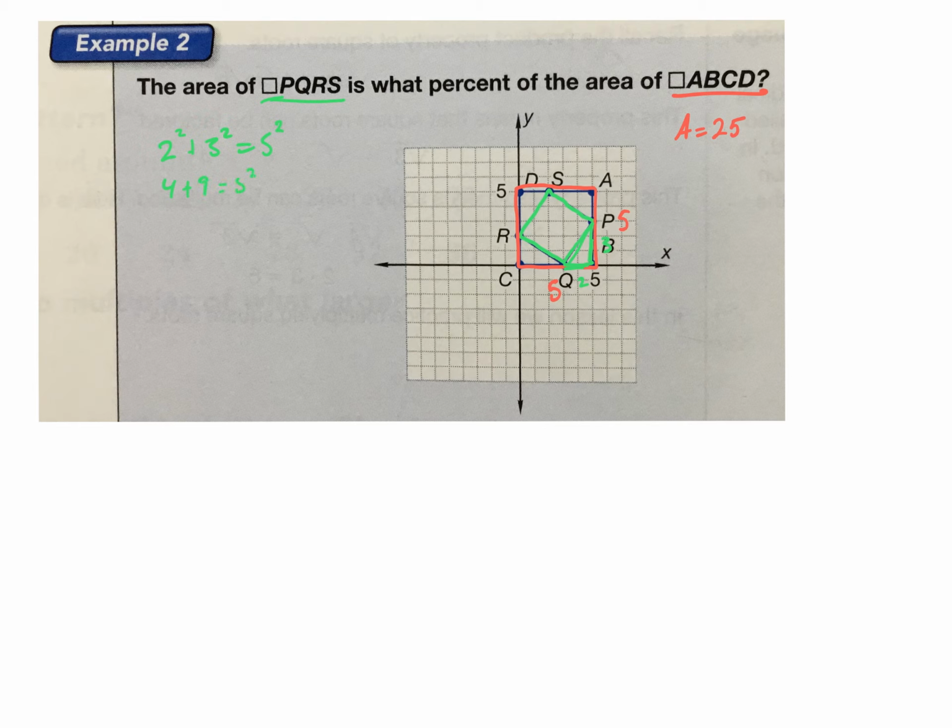So 4 plus 9 is 13, is equal to S squared, so the side length is going to equal the square root of 13, which means the area is going to be the square root of 13 times the square root of 13, or that means just the area of the green one is just going to be 13 units squared.